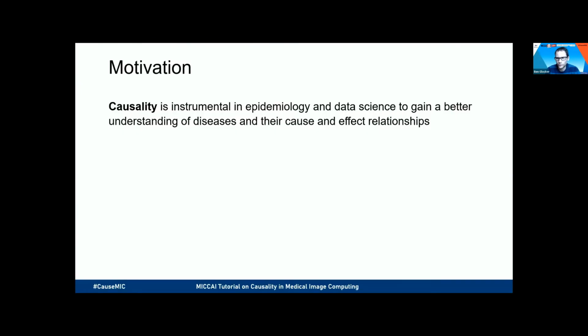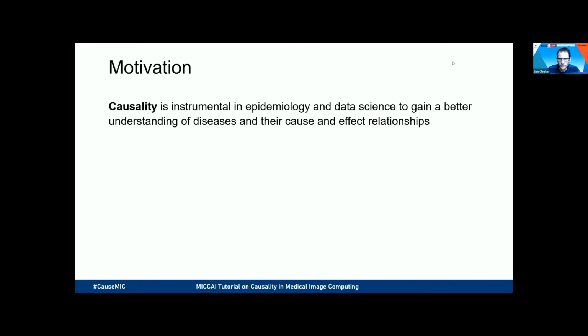Trying to motivate a little bit why we thought it might be a good idea to run such a tutorial. If you think about causality, it's really an instrumental way of thinking in domains like epidemiology, for instance, or even general data science.